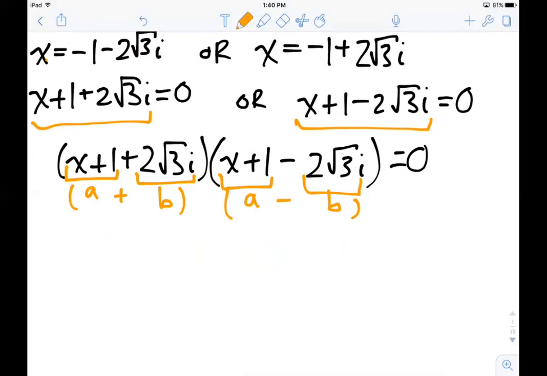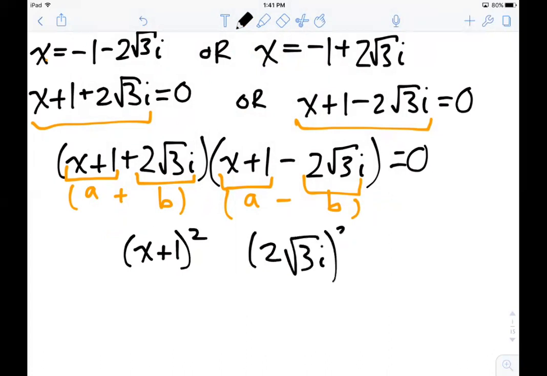So what do I mean by the square of A? Well, the A value was x plus 1. So I take it and I square it. That's essentially like doing A squared. Then the B value, I take it and I square it. So that's like B squared. And all I need to do is put a subtraction symbol in between them, and this is a difference of squares situation.